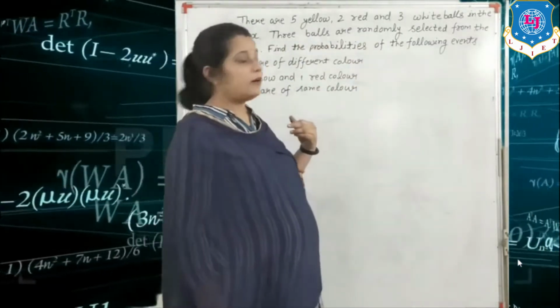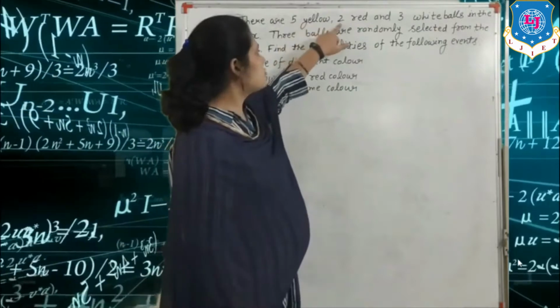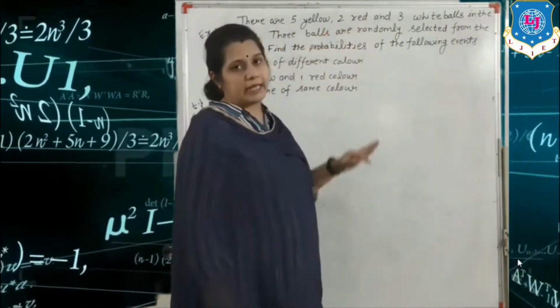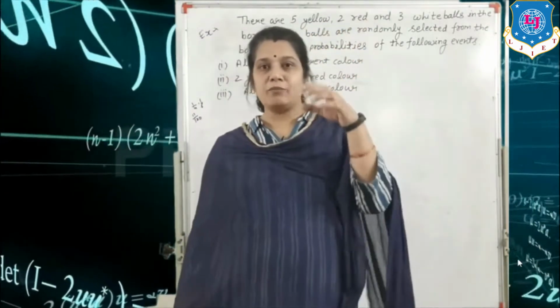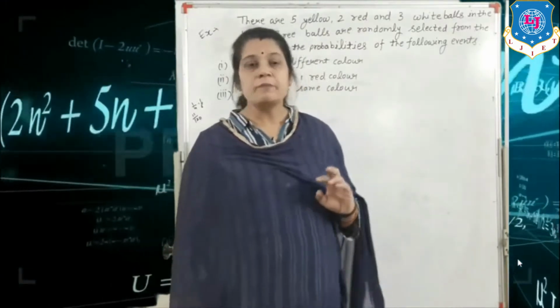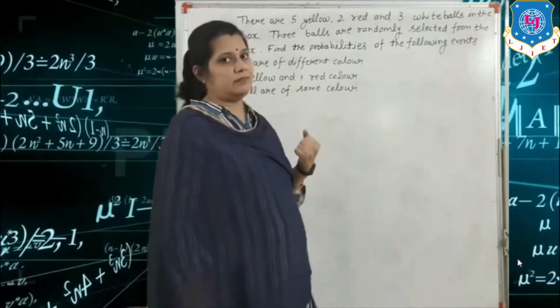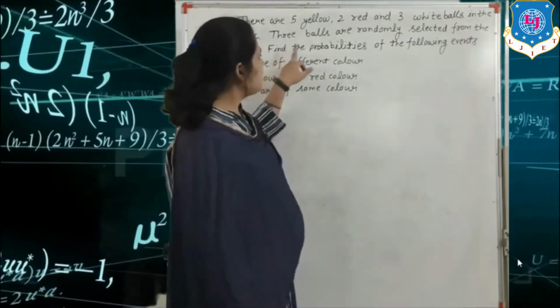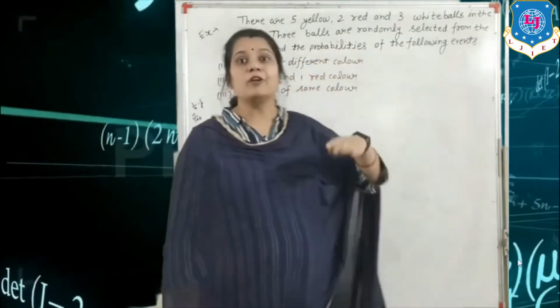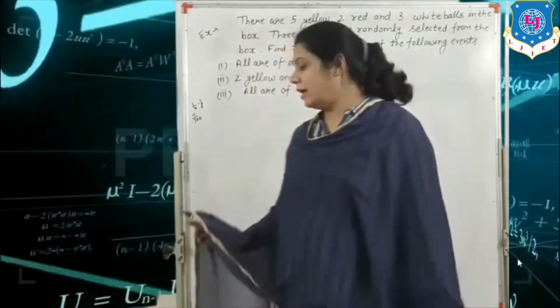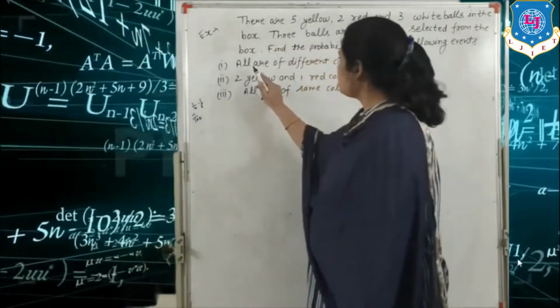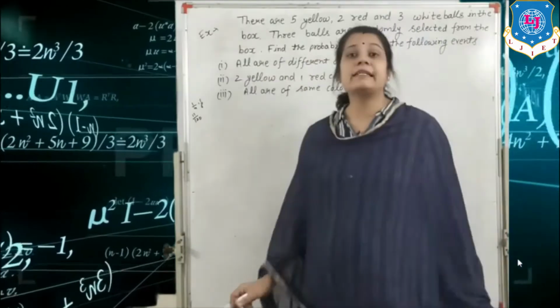That means we have a total of 5 plus 2 is 7, plus 3 is 10 balls in the box, and 3 balls are taken out randomly. Here, find the probability of the following events.